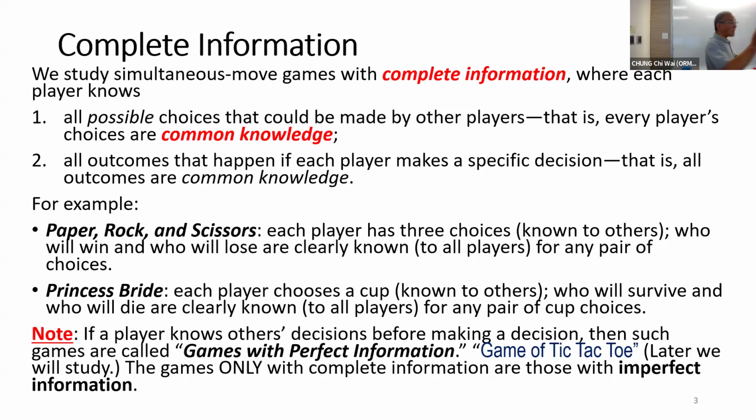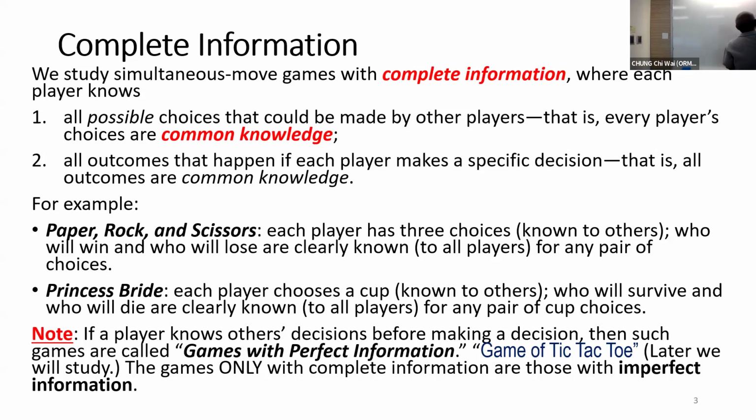If you play tic-tac-toe, the other game, with 2 players, if the first player puts a cross here, then it moves to the second player. The second player should have perfect information, or should know the decision made by the first player, and then make the choice.